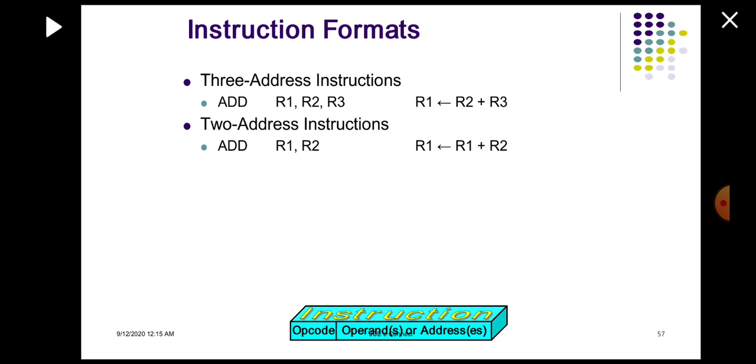In this example, we have add R1, R2. The operation is addition, source is R1 and destination is R2. It will add the contents of R1 and R2 and the result is stored in R1.